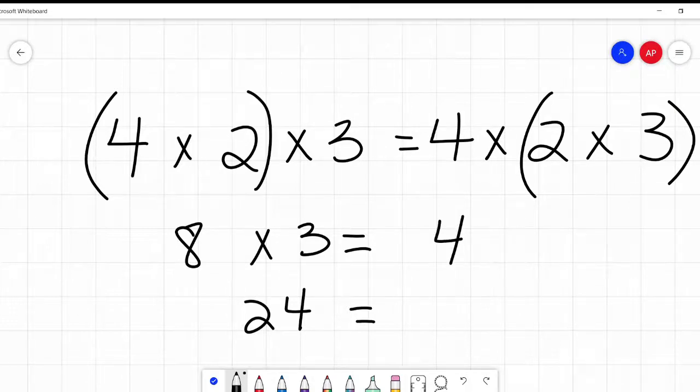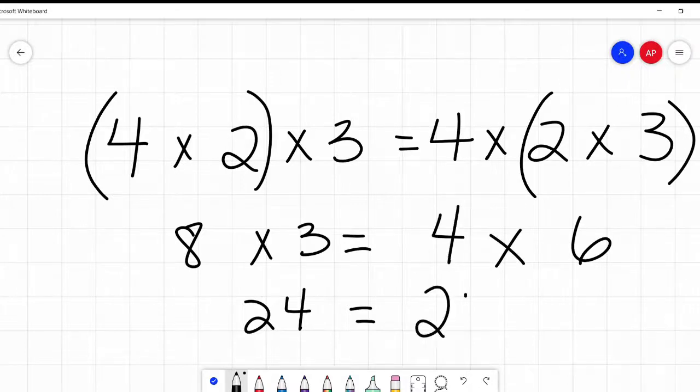On the right we have 4 times 2 times 3 is 6. Well, let me write it down first because that would be better to show. 2 times 3 is 6 times 4. 4 times 6 is 24. That's what associative is. It says no matter which ones I decide to multiply first, which ones I associate together, like with parentheses, which ones I put together with these parentheses or associate together.